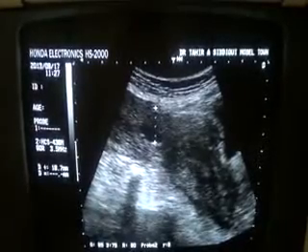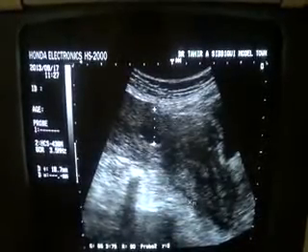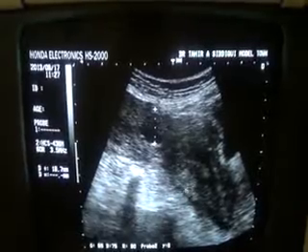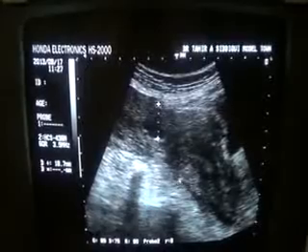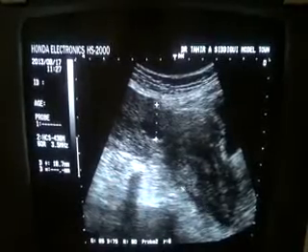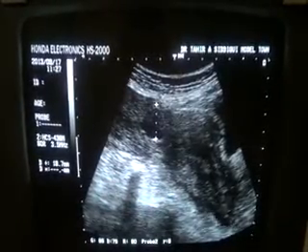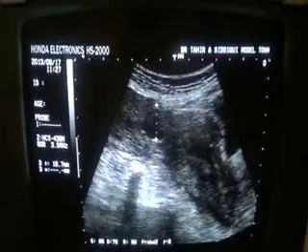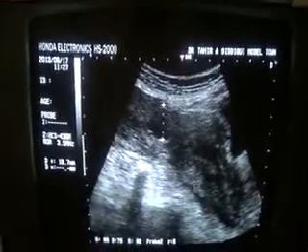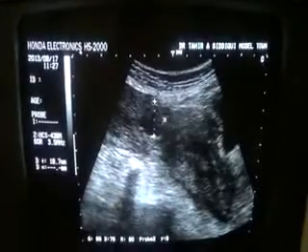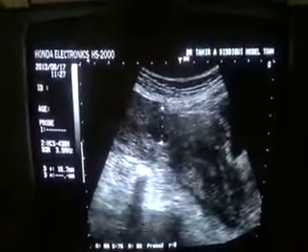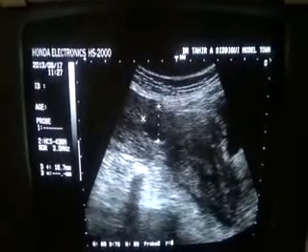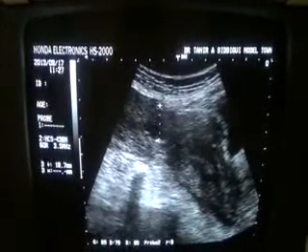gestational sac, whereas this fluid posterior to the uterus in the pelvic cavity, this black area linear in longitudinal section, is suggestive of fluid in the pelvic cavity, whereas this thin-walled cystic area is suggestive of gestational sac if the beta hCG level is raised and if the pregnancy test is positive.